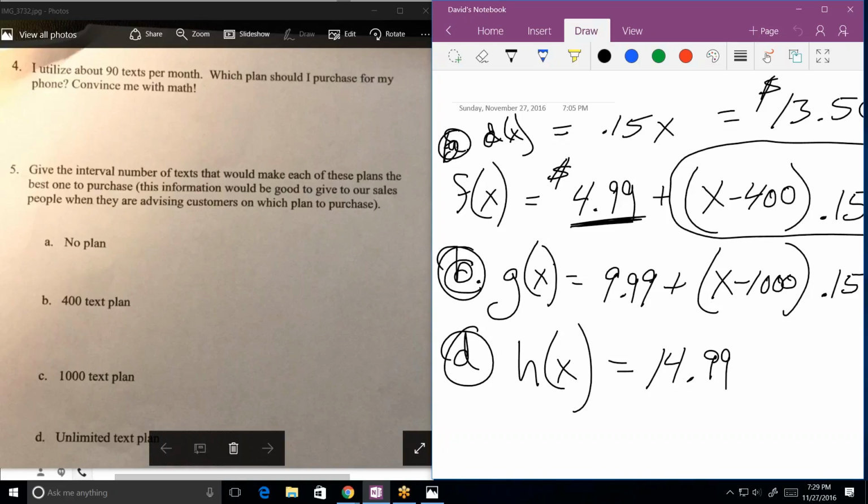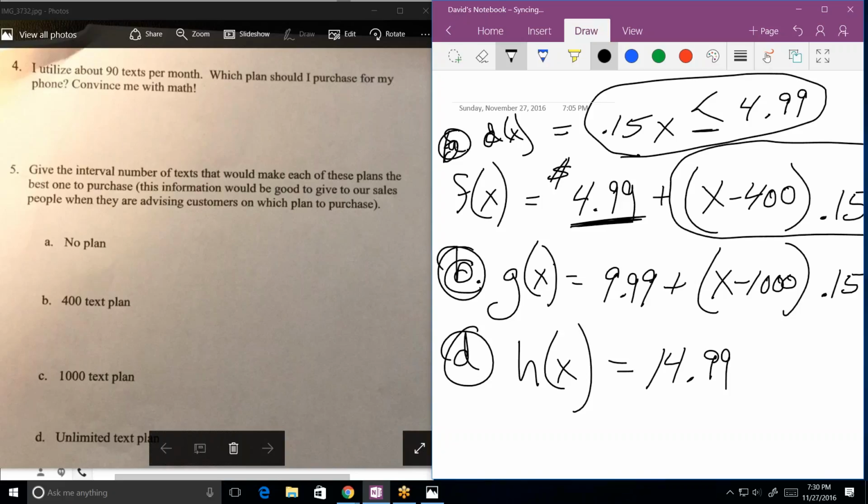What if we make sure that this cost is less than $4.99? In other words, that's what we need to solve. What does x have to be less than?